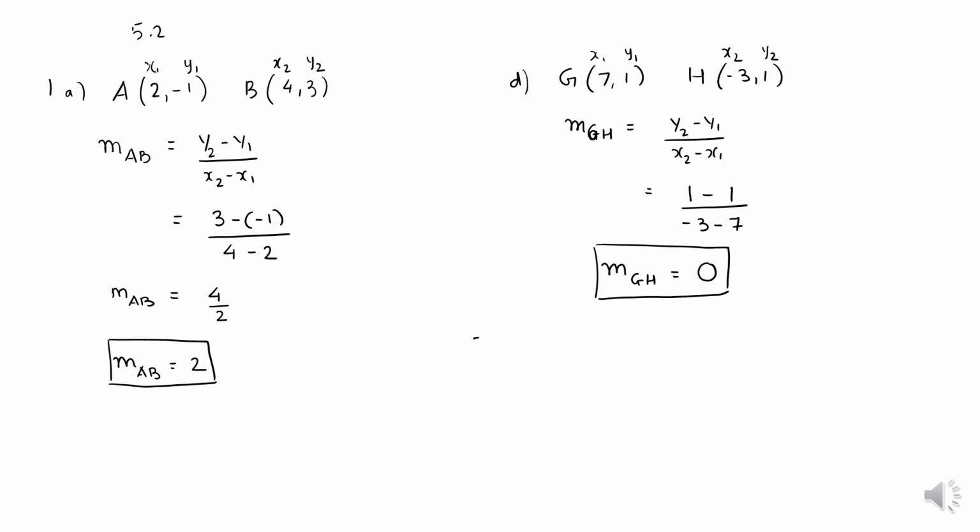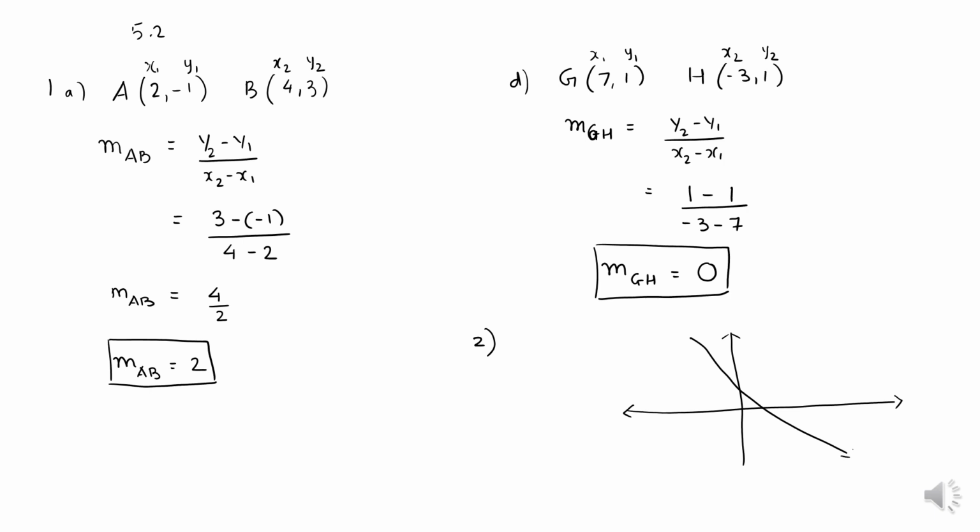Next, question number 2. If x and y intercept of a line L... Reading the question, I will try to draw the diagram also. If x-intercept and y-intercept of line L are 2 and 3. Now what do you mean by intercept? Intercept is nothing but the portion of x-axis or y-axis cut by the line.